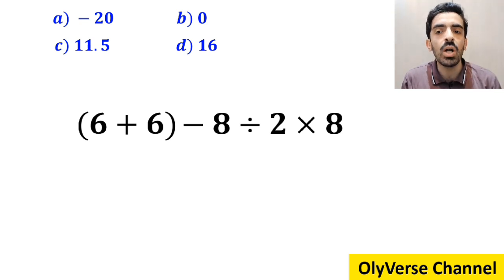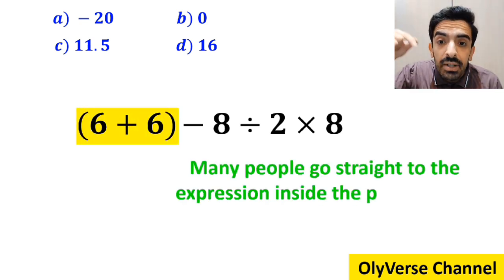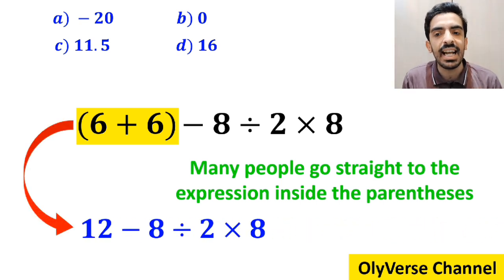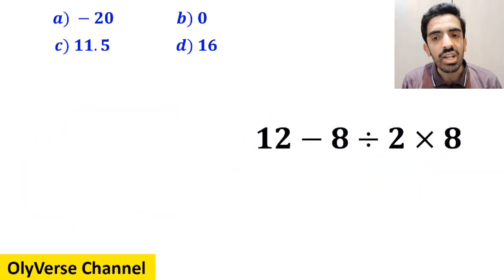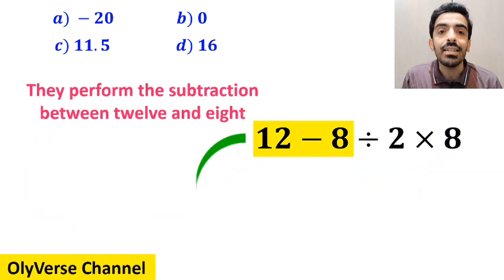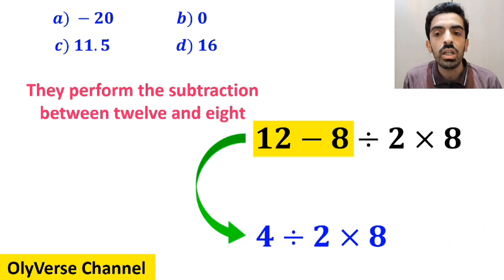In the first step of solving this question, many people go straight to the expression inside the parentheses and simplify the whole expression to 12 minus 8 divided by 2 times 8. In the next step, they perform the subtraction between 12 and 8, simplifying this expression to 4 divided by 2 times 8.